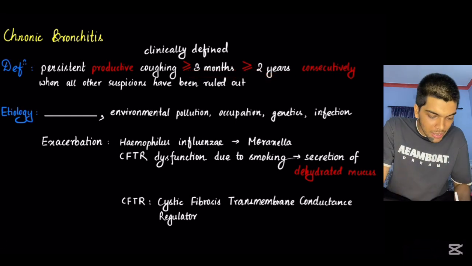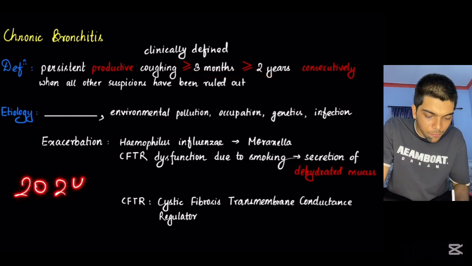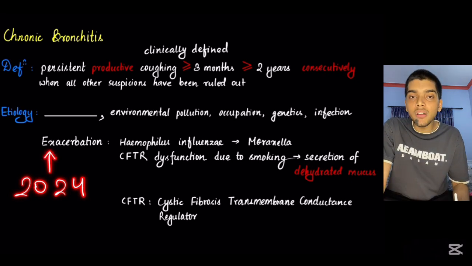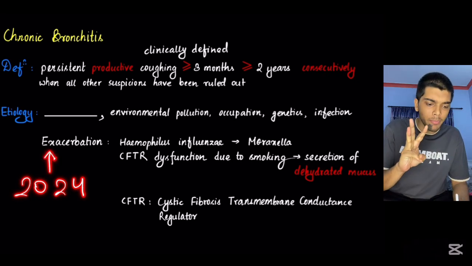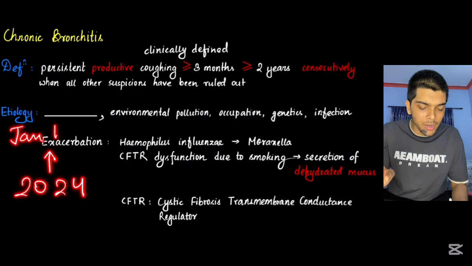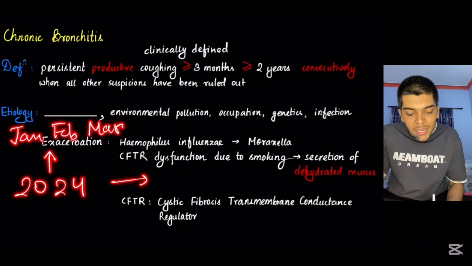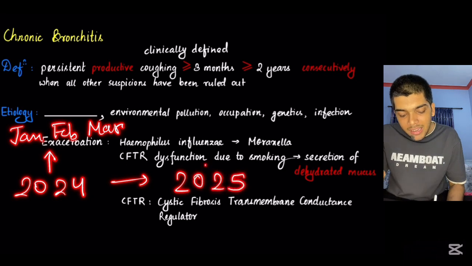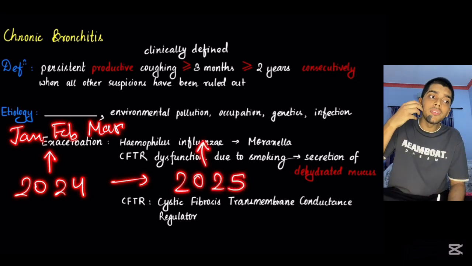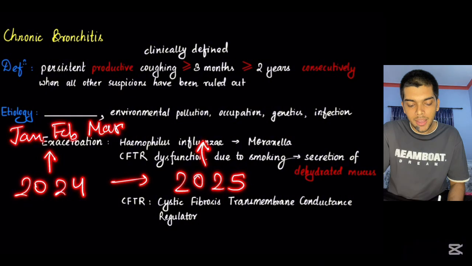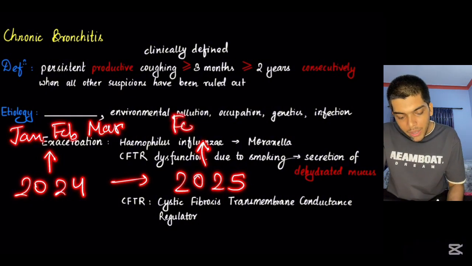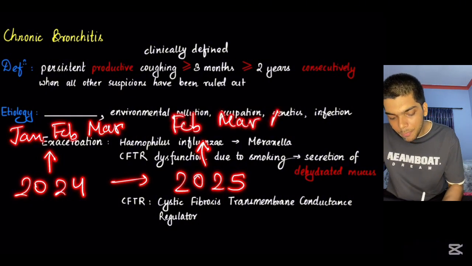This means, let's say this is 2024 and the patient has had coughing for 3 consecutive months, maybe January, February, and then March. And then again in 2025, he had coughing for another 3 consecutive months, maybe February, March, and then April.